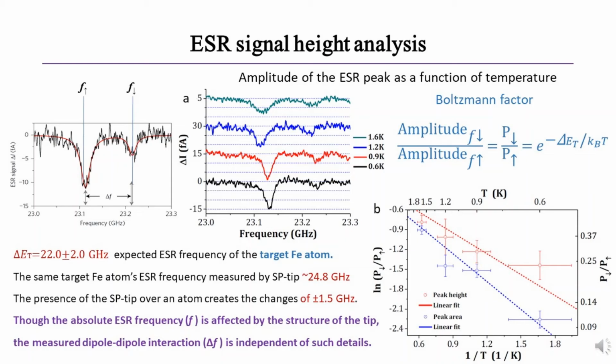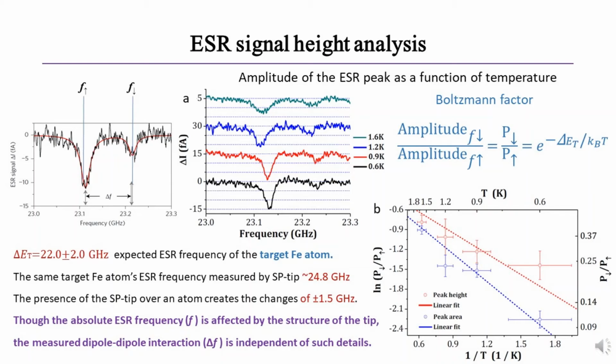We seem to have a big difference between 22 gigahertz and 24.8 gigahertz by two different methods. But we have to remember that the presence of the spin polarized tip over an atom will create a change of about 1.5 gigahertz.